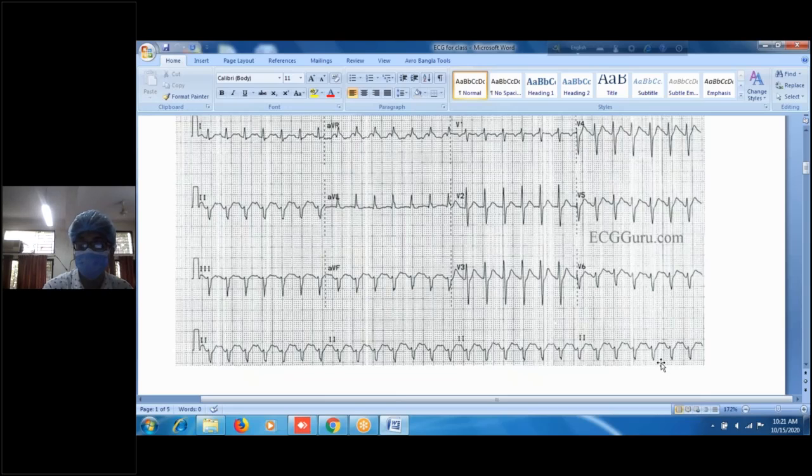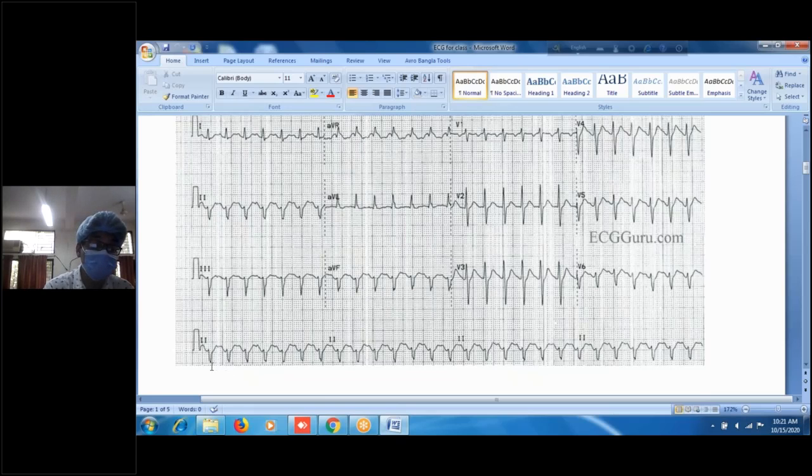One and a half large squares means 200, that is 300 by 1.5. Almost the heart rate is 200.